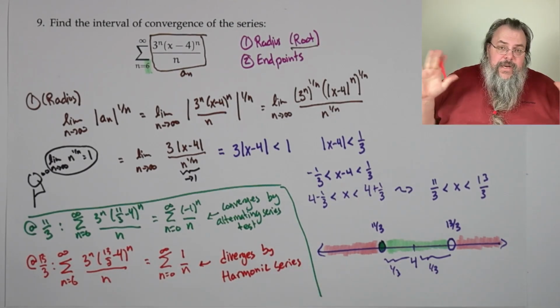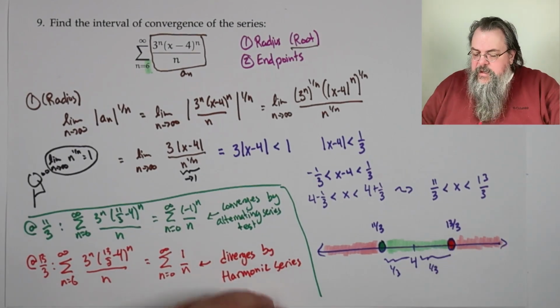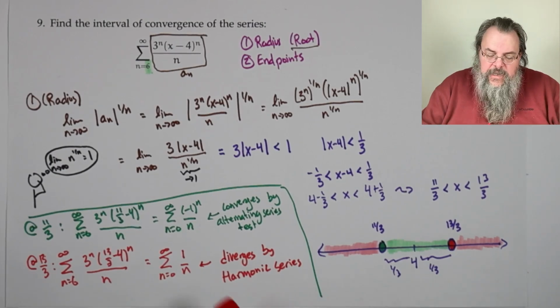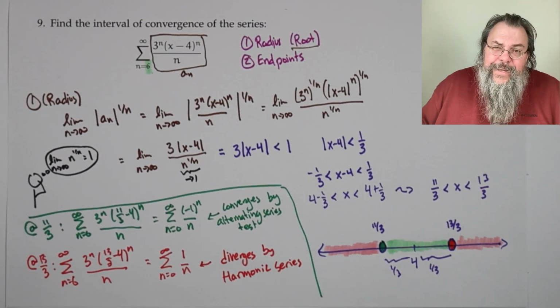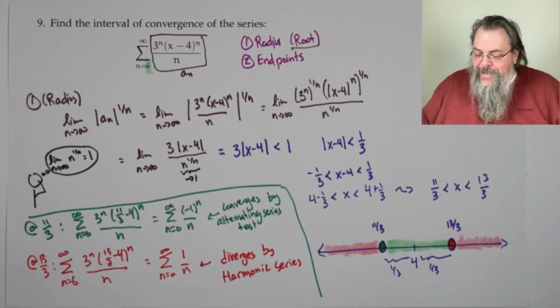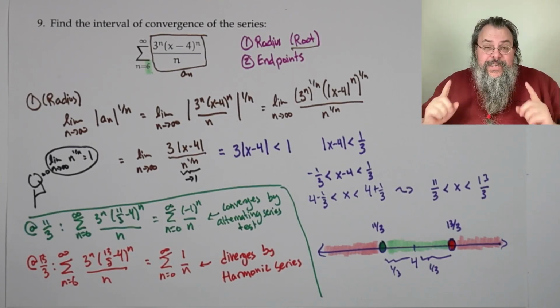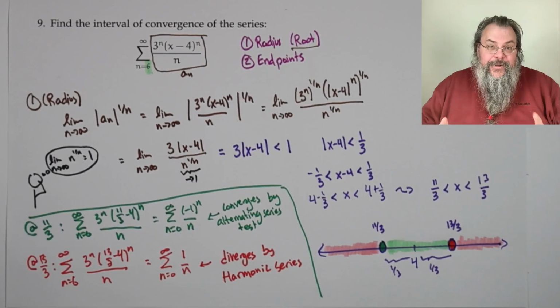Now, I should mention this, and so let me shade it and say, aha, you're out. You might be, Steve, very suspicious that when you needed green, it was green, and when you needed red, it was red. Well, you get the hang of these after a while. But what I want to say is that when you're testing the endpoints, the root and ratio test should fail spectacularly.